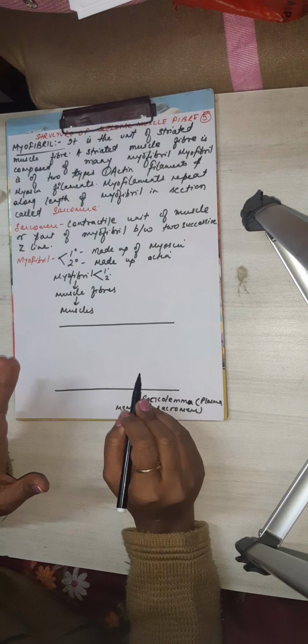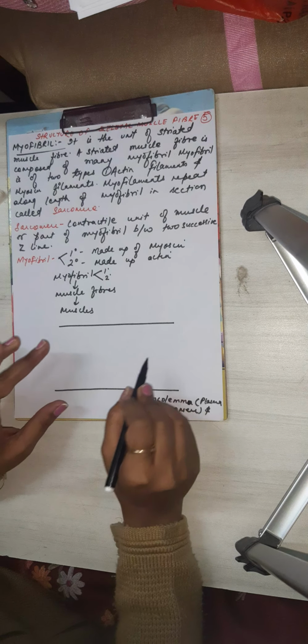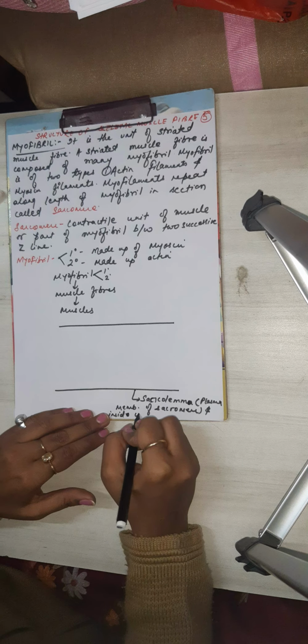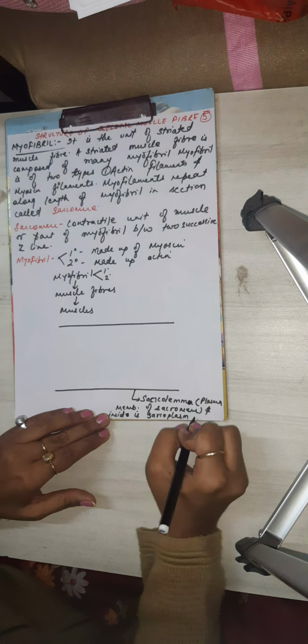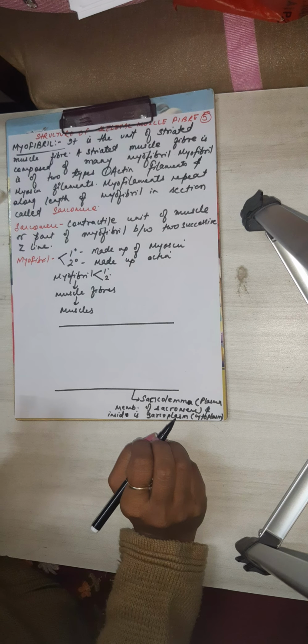And inside this, इसके अंदर क्या पाया जाता है? साइटोप्लाज्म, which is known as sarcoplasm. Sarcoplasm, that is cytoplasm. ठीक है. सार्कोलेमा प्लाज्मा मेम्ब्रेन होता है और सार्कोप्लाज्म means cytoplasm of sarcomere. It is a structure of skeletal muscle fiber.